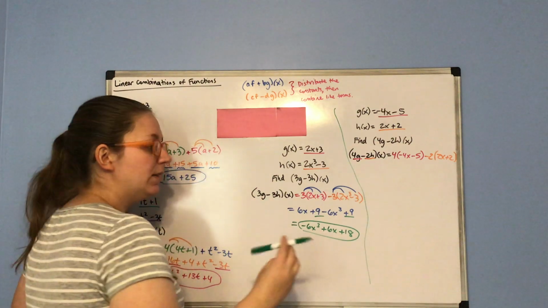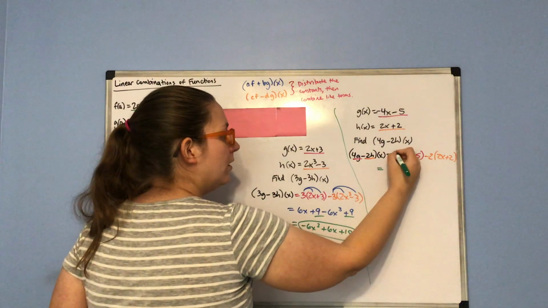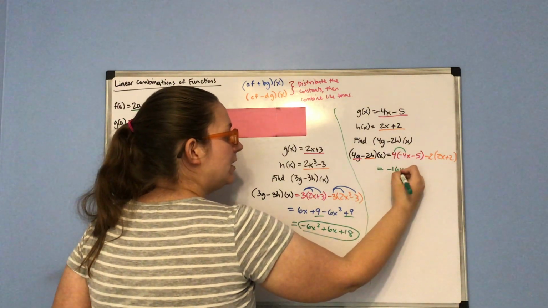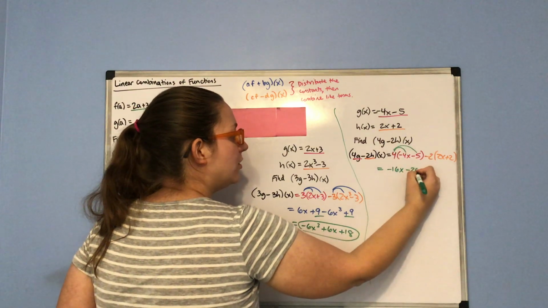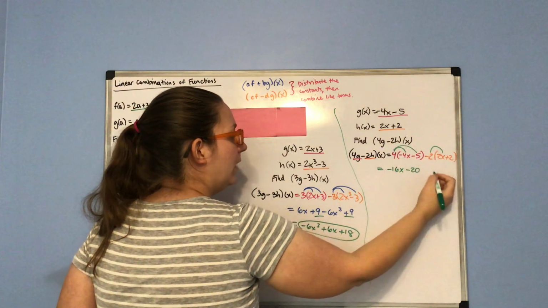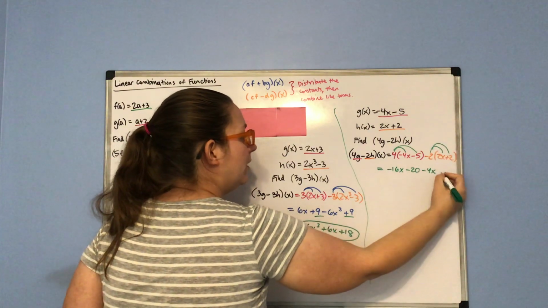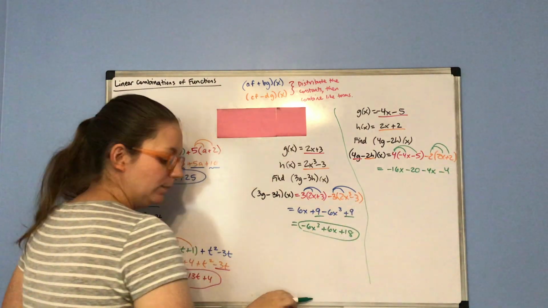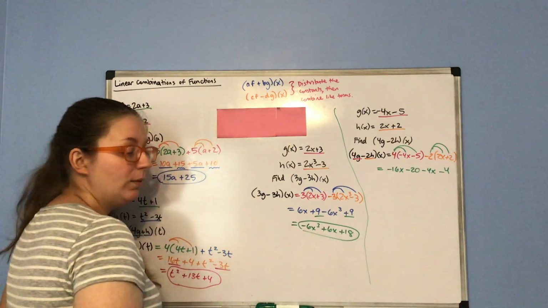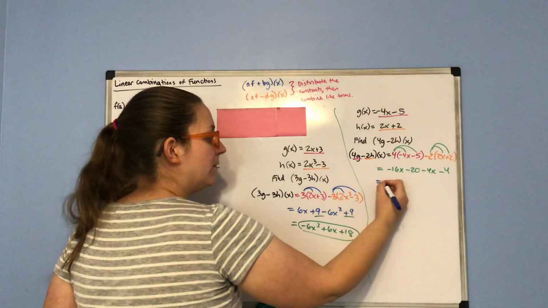Now let's simplify it, so we're going to distribute. I get 16x plus 20. Don't forget your negative here. Negative 2 times 2x is negative 4x. And then minus 4. To finish it off, all we've got to do is combine like terms.